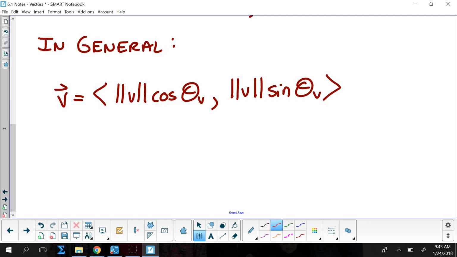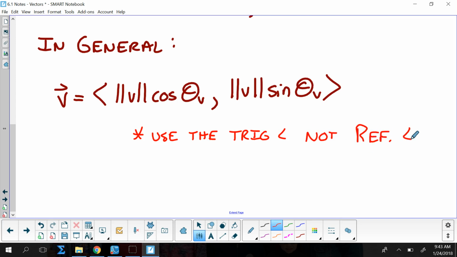And the kicker is that you use the trig angle, not the reference angle. Okay? Use the trig angle, not the reference angle.